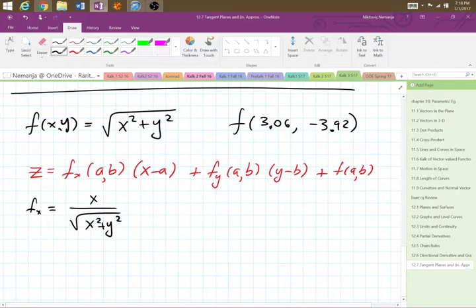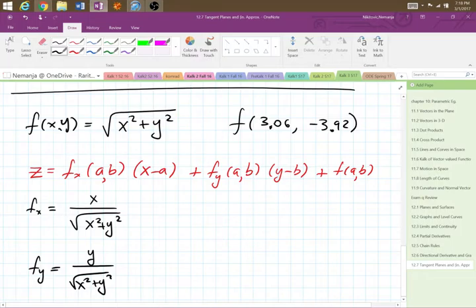Exactly. And the other one is symmetric. You don't have to think much about it because it's symmetric. Just write it out. Now, which point are we considering? 3 and 4. 3 and -4. Yes, 3 and -4.